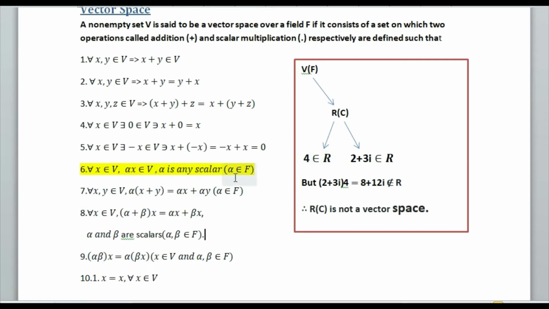Here R is the set of vectors and C is the set of scalars. Please think about any element of C. Let us take 2 plus 3i. You can take any complex number whose imaginary part is non-zero.